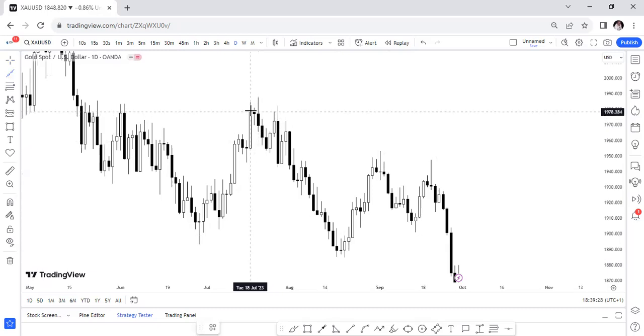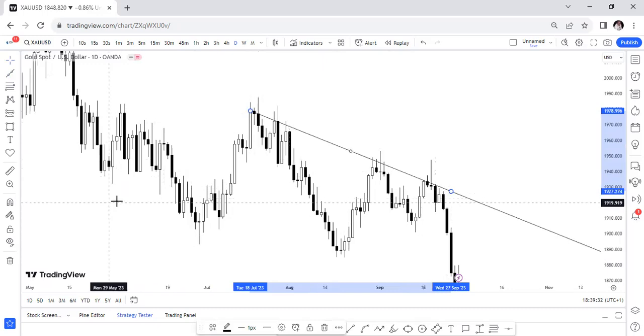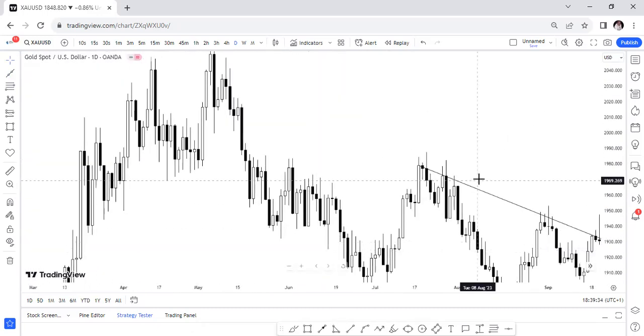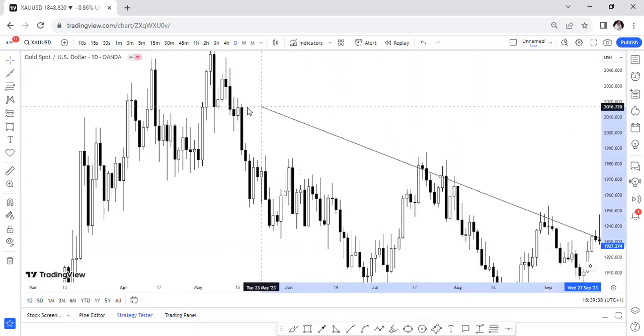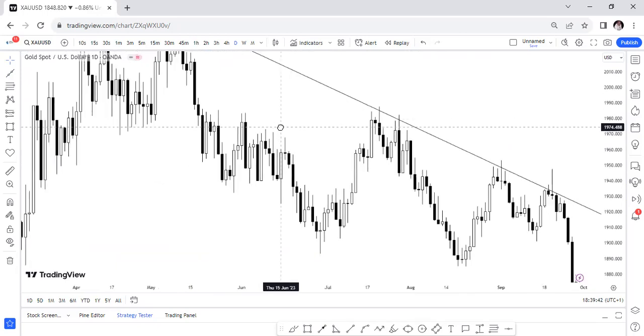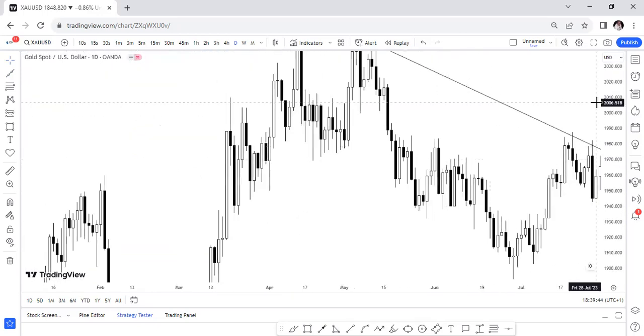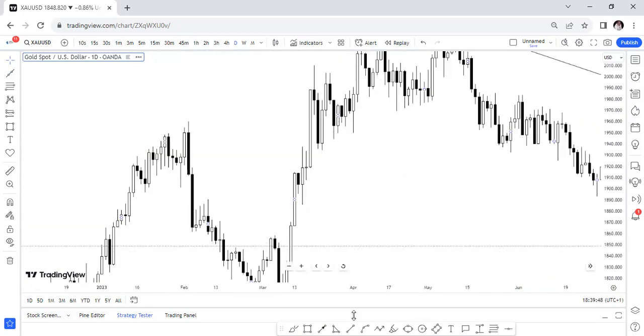So if you want to determine the price is in a downtrend, you mark it downward like this, right? This is how to determine if the price is in a downtrend or an uptrend.